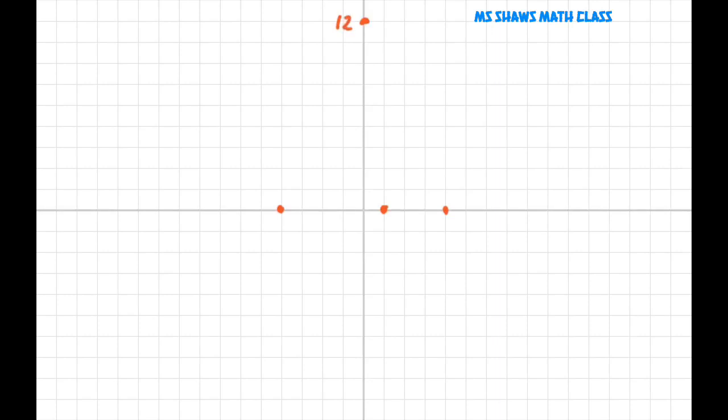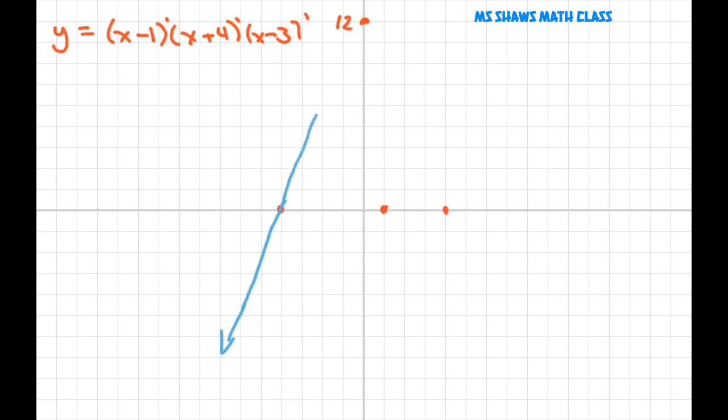Since our equation is y equals x minus 1, times x plus 4, times x minus 3, and these are all 1s here, that means it crosses the graph. What we're not going to do is find a max or a minimum here. We're just going to sketch it. So basically, we start in quadrant 3, go up to the y-intercept, and come back down through 1.